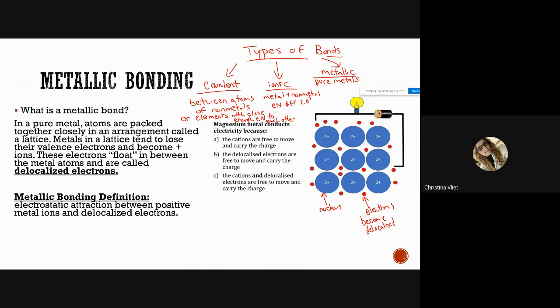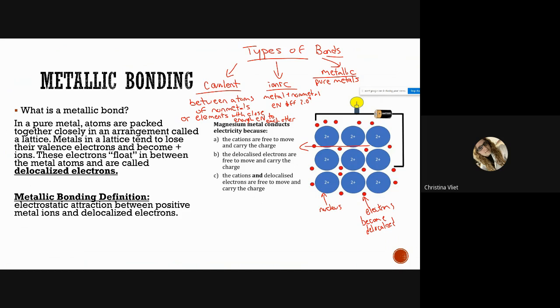If you have a pure sheet of metal, the electrons stay between the nuclei of the separate atoms, meaning that if electricity was applied to a pure metal, because the electrons are not completely bound to the nucleus, they are stuck in between the nuclei of separate atoms, those electrons can move. We call this a sea of electrons.